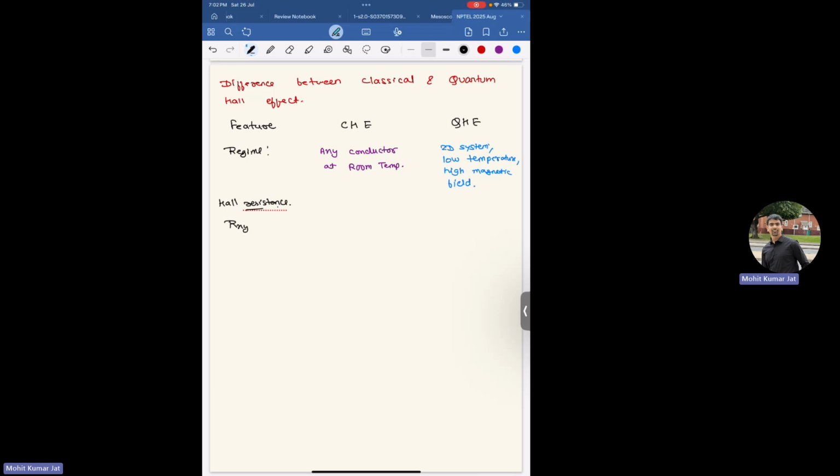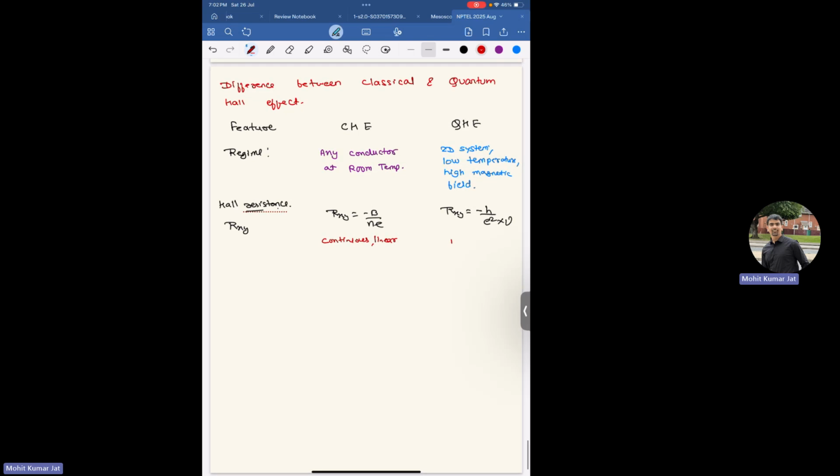Here, Rxy is minus B by Ne. But here, your Rxy will be minus h by e squared times nu. So this is continuous, linear. Here, it will be plateau and quantized. That's another key difference between these two. Then, longitudinal resistance.